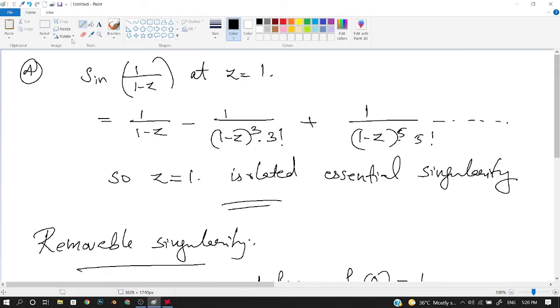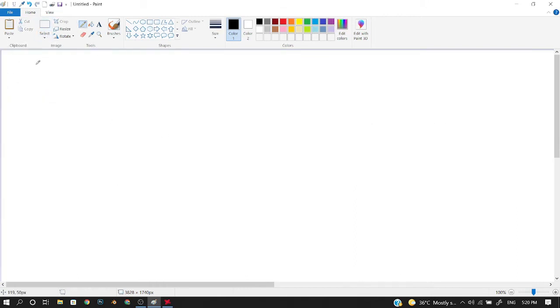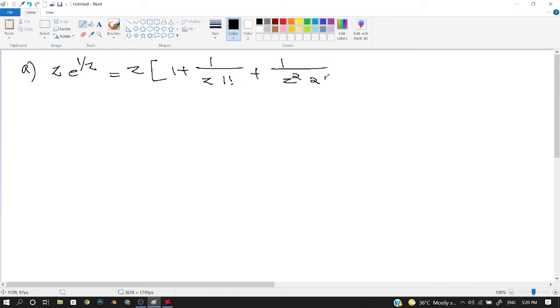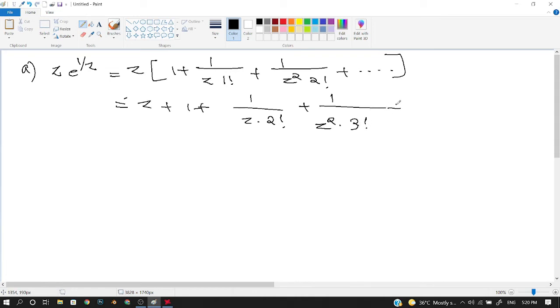Now let us move to more examples, identifying the singularities. The question is, identify the singularities of this function. So we can expand this: z plus 1 plus 1 by z into 2 factorial plus 1 by z square into 3 factorial plus etc. So here you can see there are infinitely many negative powers of z.